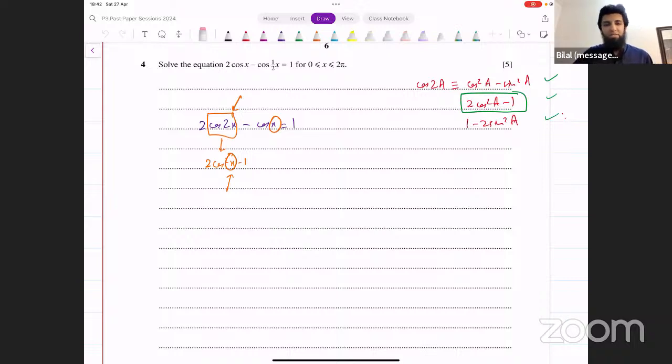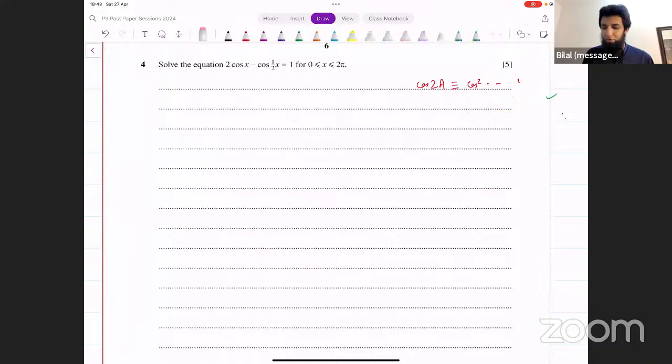Otherwise, the first form has cos and sine both, the second has cos only, and the third has sine only. Let's choose the one that only has cos. So let's focus on this particular form, that's 2 cos square a minus 1. Now, using this, what we can do is, we can convert cos of x to cos of half x somehow. Let's see how we can do that. If on the left side we had cos of x, we could actually write it as something like this.